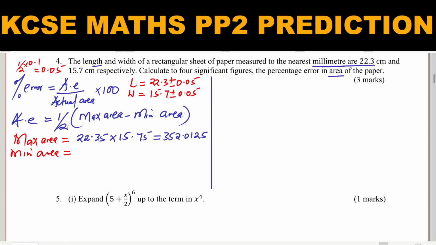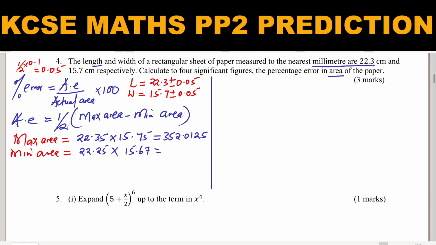For the length, 22.3 subtract 0.05, that will give 22.25. Then the minimum for the width, 15.7 subtract 0.05, that will give 15.65.